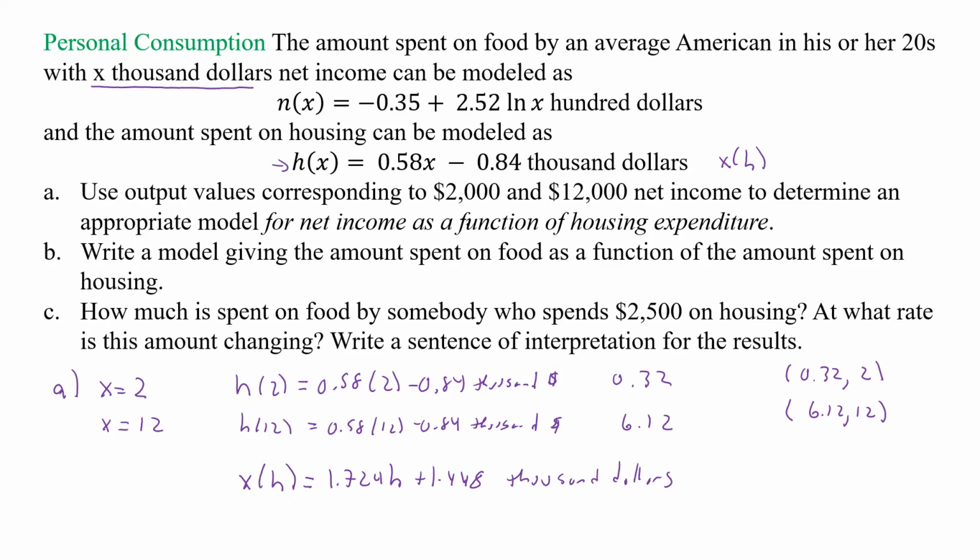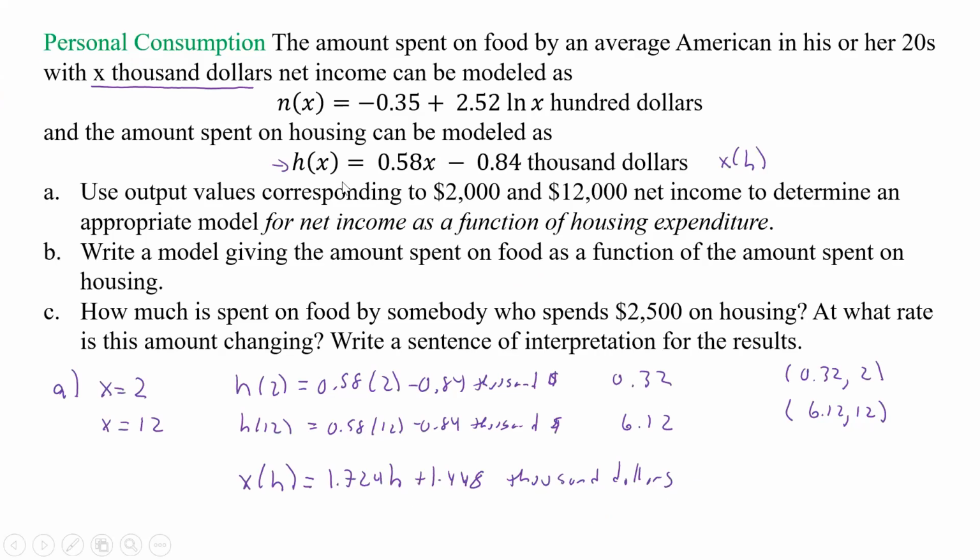We understand that it gives us the net income of an average American in his or her 20s, based on spending h thousand dollars on rent or housing.